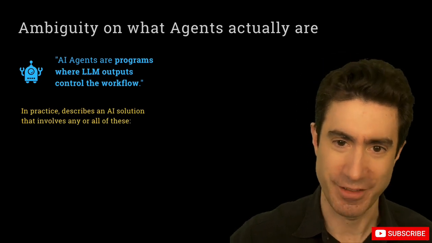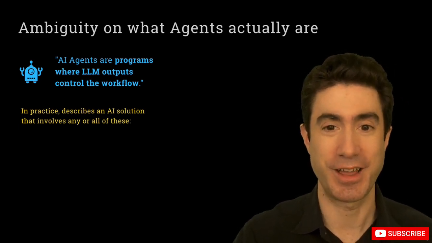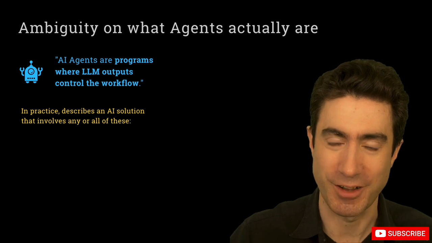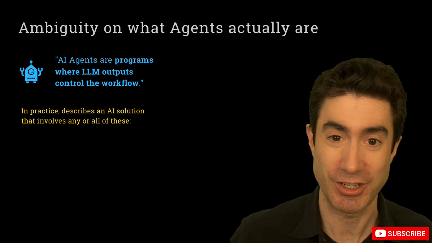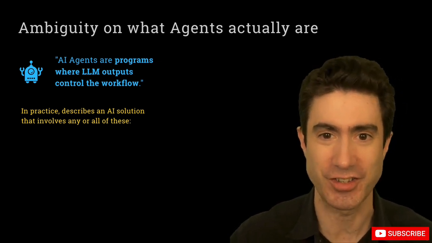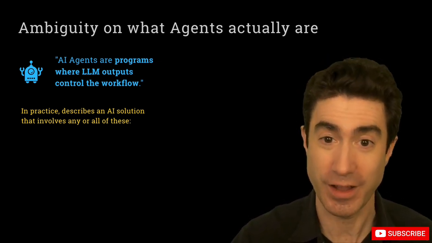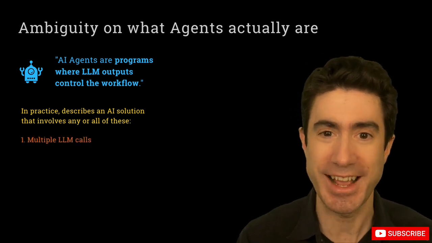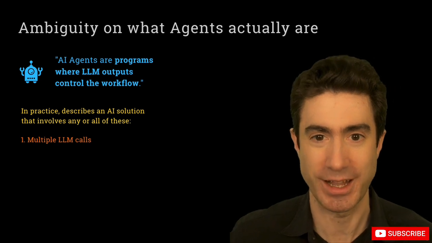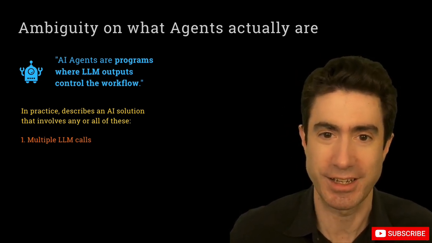More generally, though, you will find that there are different hallmarks of what makes something an AI solution, and people will often use the term agentic AI or agents if any one of these 5 hallmarks are met. So first of all, sometimes any solution that involves multiple LLM calls could be called agentic AI.